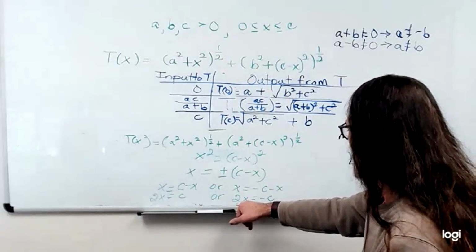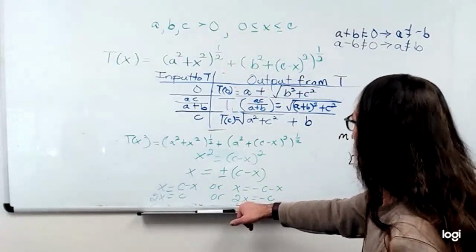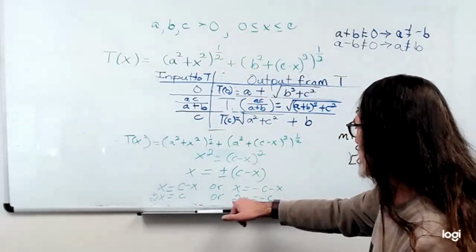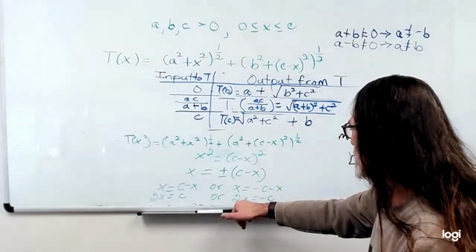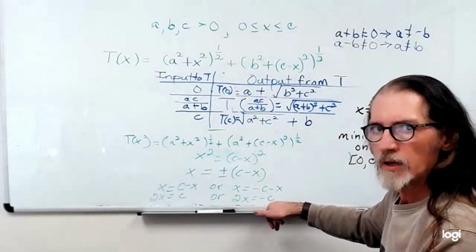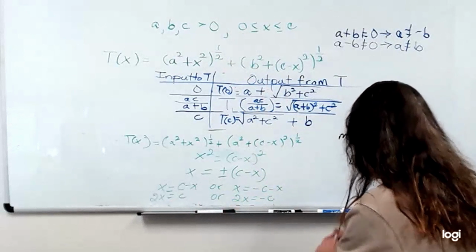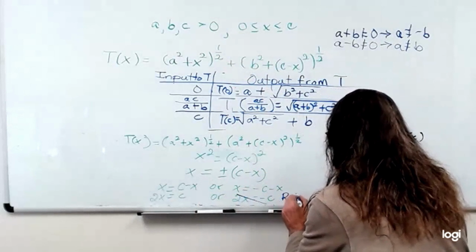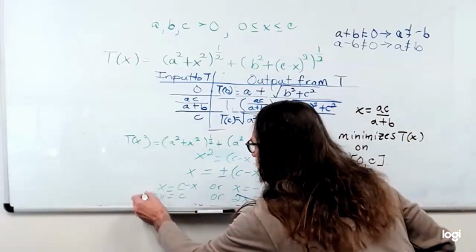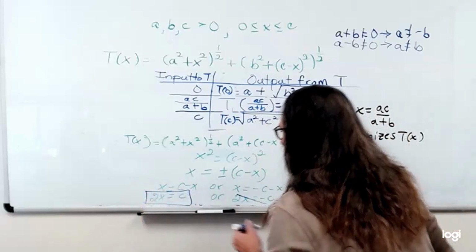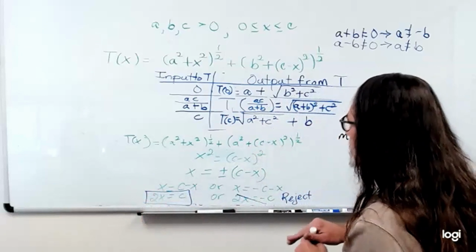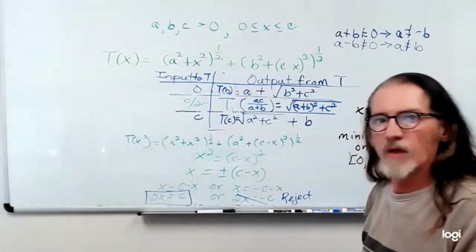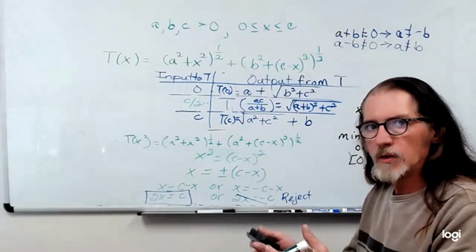And that is not possible because 2 being positive and x being non-negative, then this would have to be non-negative. That cannot equal a strictly negative. So we reject this. And we just have that 2x equals c, so that x equals c over 2. Let me write that up here. So that would be halfway in between the two bases.